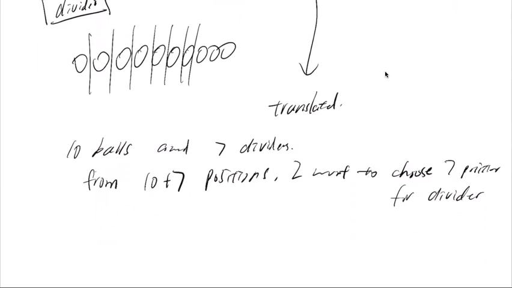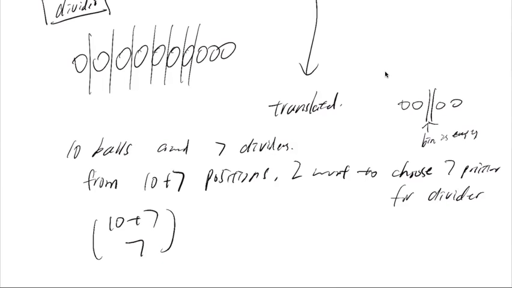So it's 10 plus 7, choose 7, because we have 10 identical balls and 7 dividers. We want to choose from these 17 positions, 7 positions designated for the dividers. It makes sense because even if two dividers are next to each other, that simply means this bin is empty.